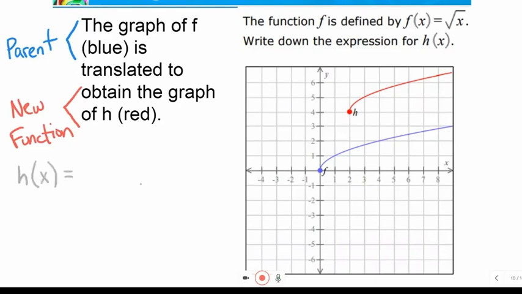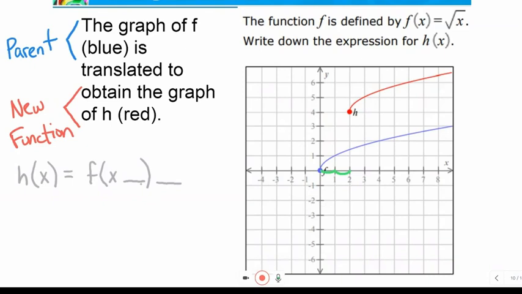I know I'm going to rewrite it. Something's either going to go inside the parentheses or outside the parentheses. Starting with the parent function in blue, I can see this moves 1, 2 spaces to the right.